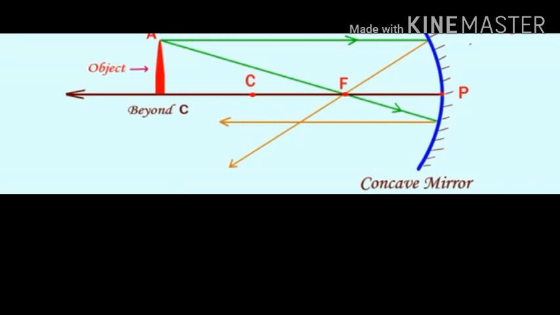That gives the corresponding image, because corresponding to the topmost point we obtain that intersection point. From the bottom point, the light ray is reflected back through the focus, and just join the points where the reflected light rays intersect to the principal axis. That gives the image.